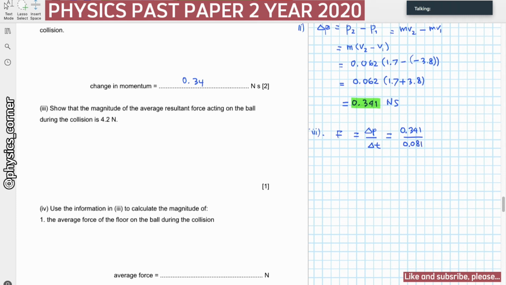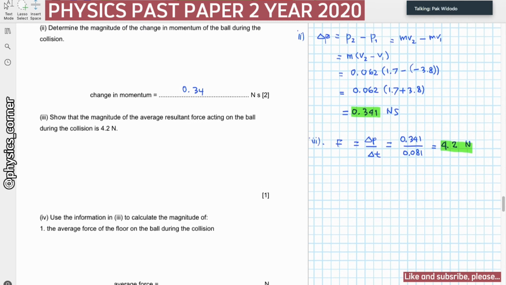Divided, yes, 4.2. Correct, exactly 4.2 newton. So they need proof from us, and the previous answers are correct, because they are the same.